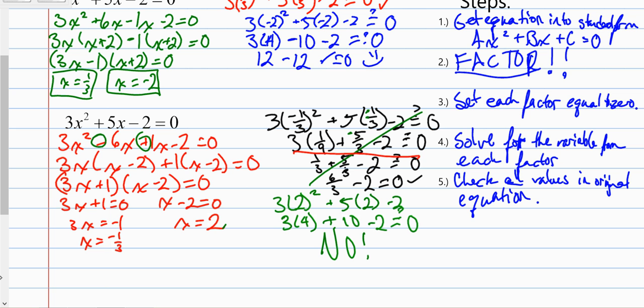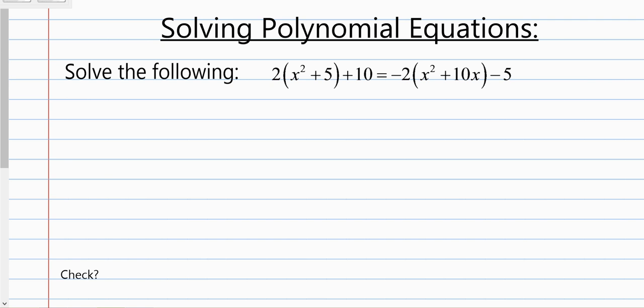So I would just like to quickly go through a few extra examples here. Something like this may seem intimidating, but the first step, get it into standard form. So when I do that, the first thing I need to do is distribute to get rid of my parentheses.